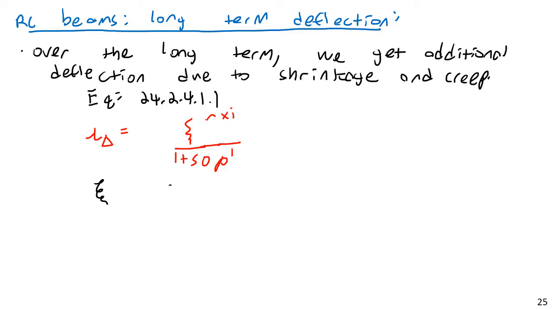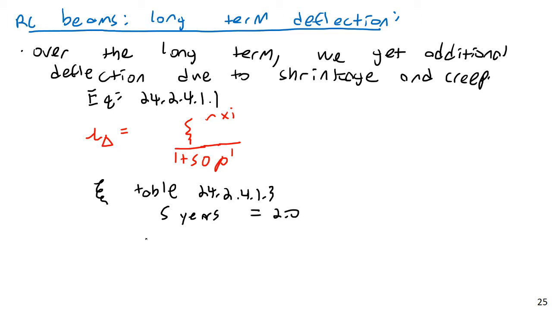This is a factor that is found in table 24.2.4.1.3, and this is basically just a time-dependent factor. If you're looking at a deflection 5 years out, then this will equal 2.0.